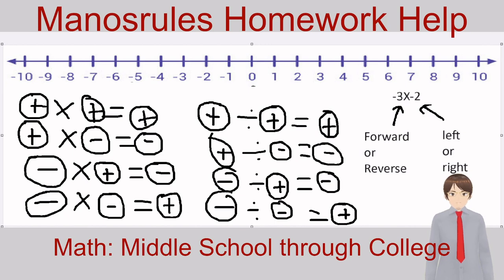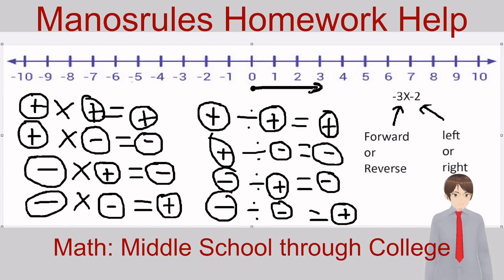We are going to start at 0, right there. Now this time we are going to go in reverse. The negative 3 tells us to go in reverse. The negative 2 tells us go left. Going in reverse in the left means go right.